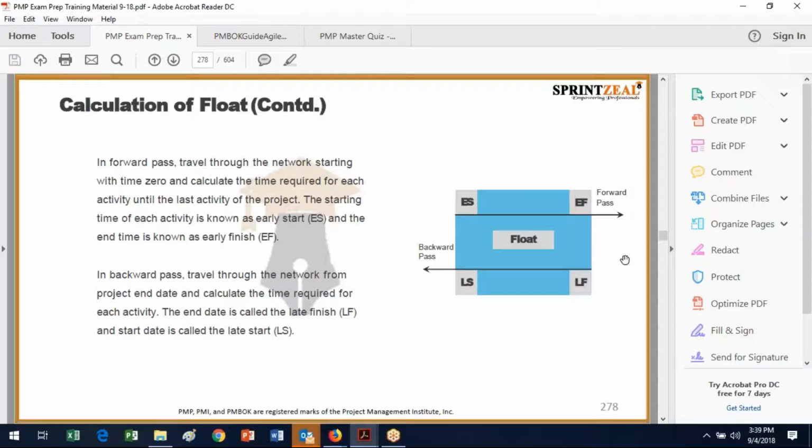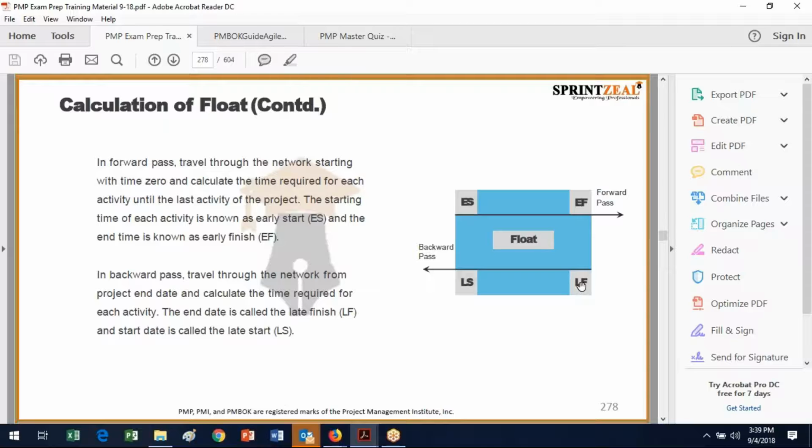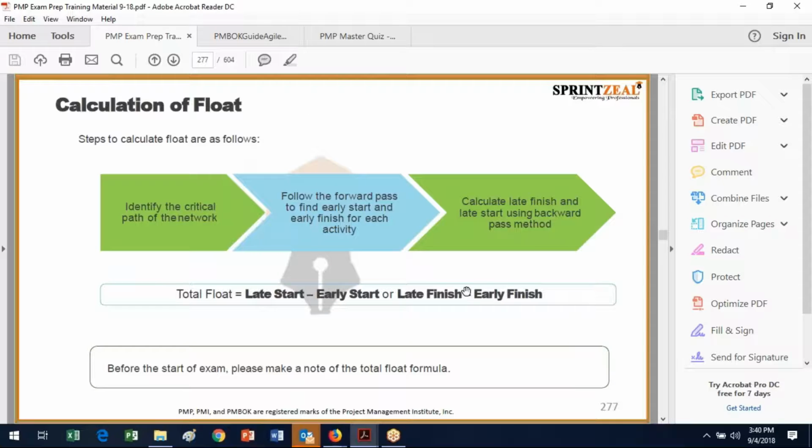And then you're going to come back and do a backward pass, and that early finish is going to be the start for the next task. And likewise, in the backward pass, whatever comes from the previous task is going to be your late finish, then minus the duration is going to be your late start.